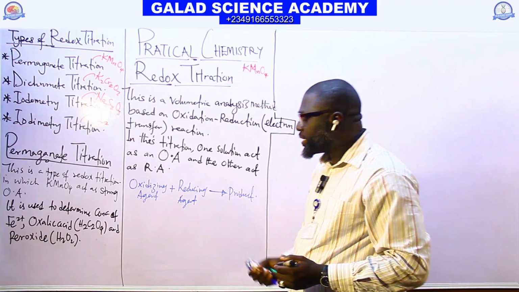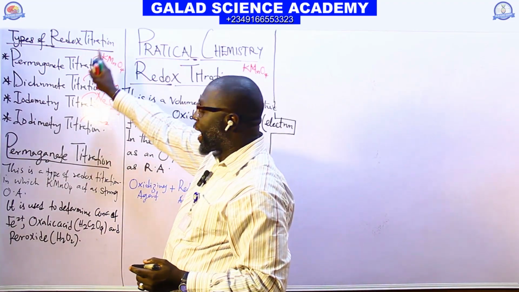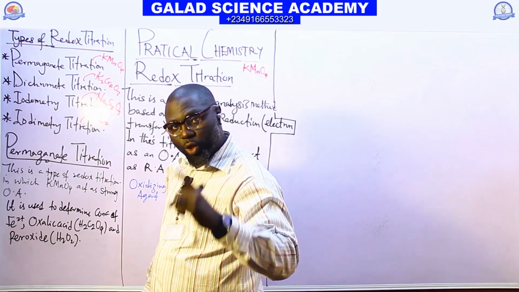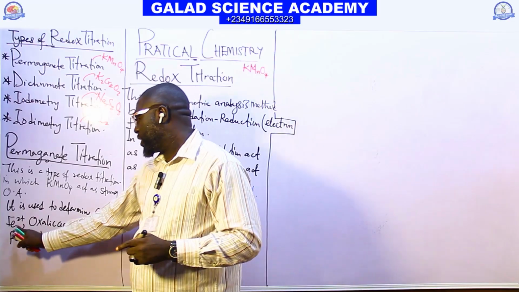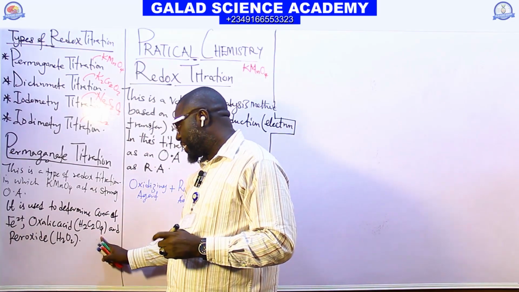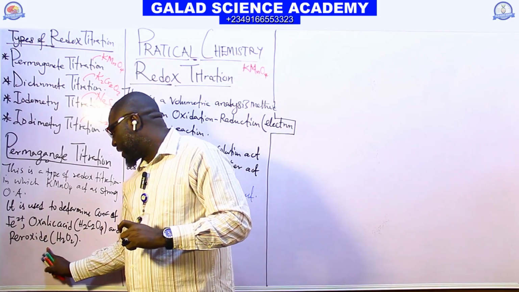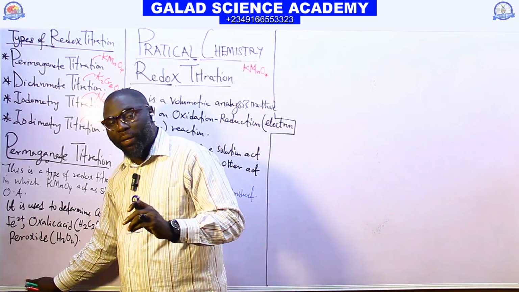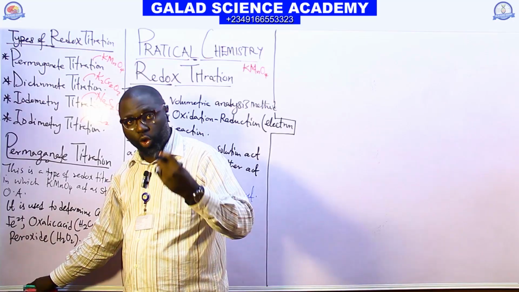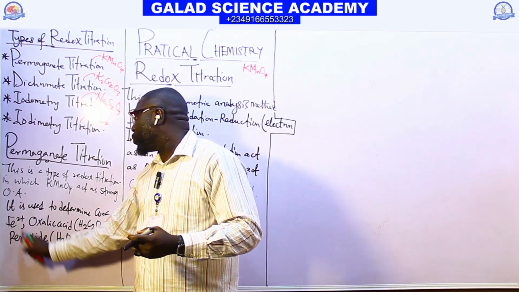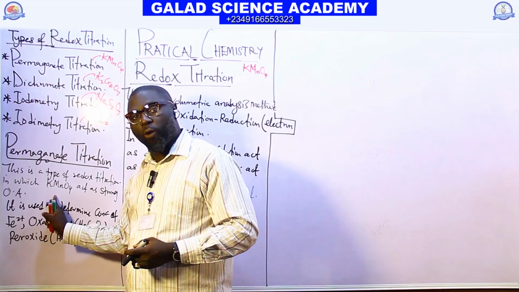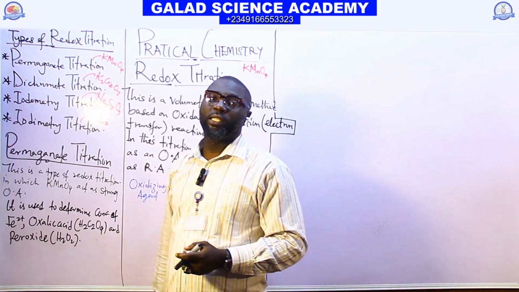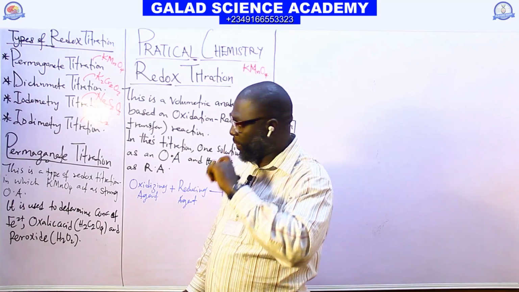So this permanganate titration is used to determine the unknown concentration of iron(II) ions, oxalic acid, and hydrogen peroxide. Those are the three common solutions of unknown concentration that we can determine using KMnO4 during titration.